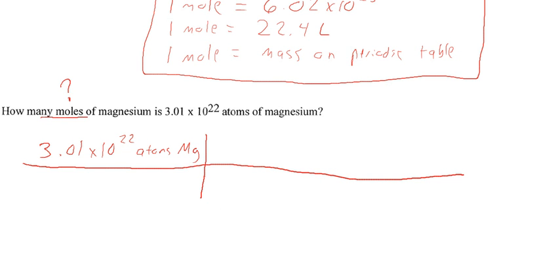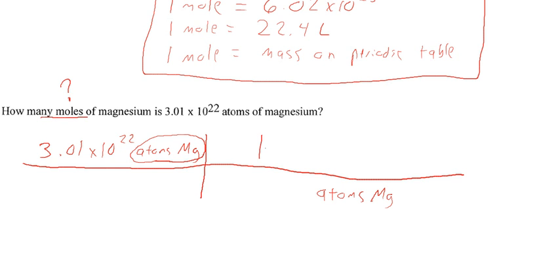The key to this is whatever unit I have on the top of one of these, I must have that exact same unit at the bottom diagonally. So since I began my problem with atoms of magnesium, my first step has to have atoms of magnesium at the bottom. And the opposite of that is 1 mole.